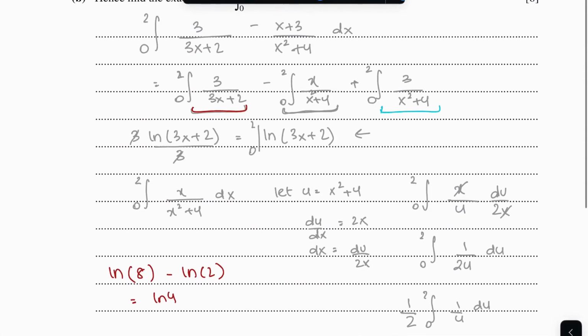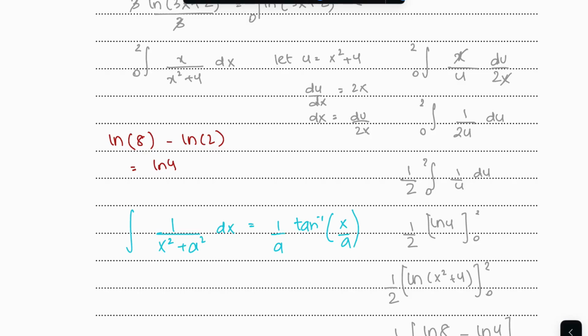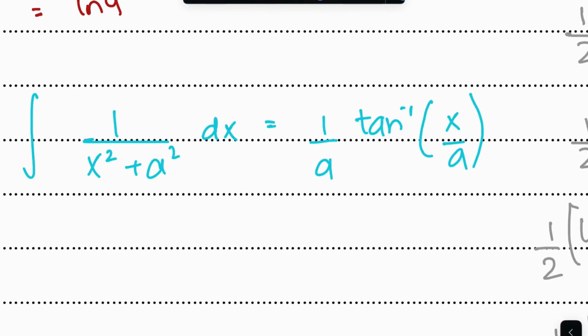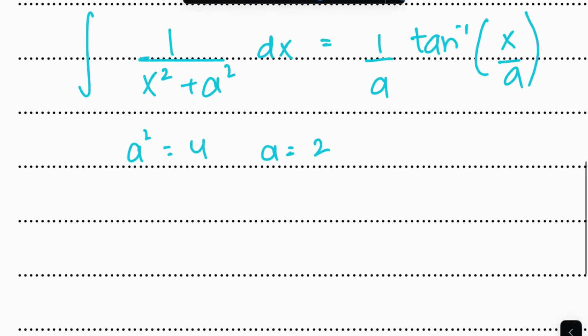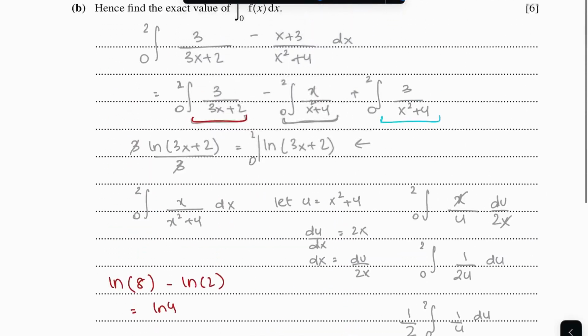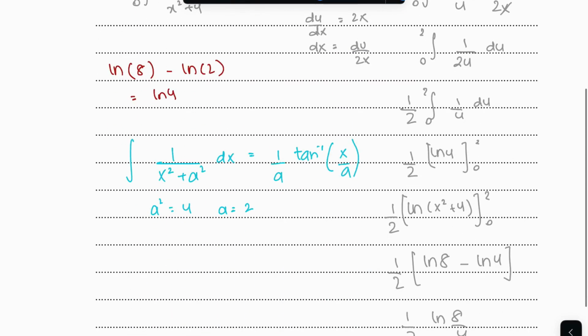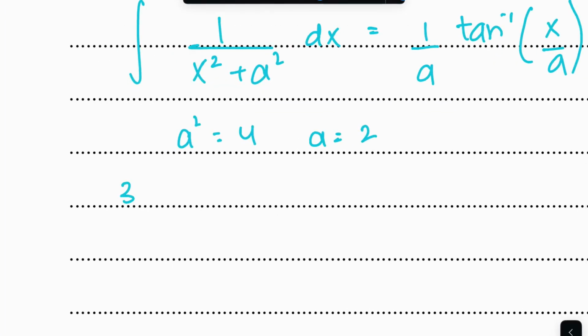So we need to make whatever we have over here look similar to our formula to use it. So we have x squared plus 4, so a squared is equal to 4. So in this case, a is equal to 2. So we can take our 3 out to make it simpler for us, and we will have 1 over x squared plus 2 squared dx.